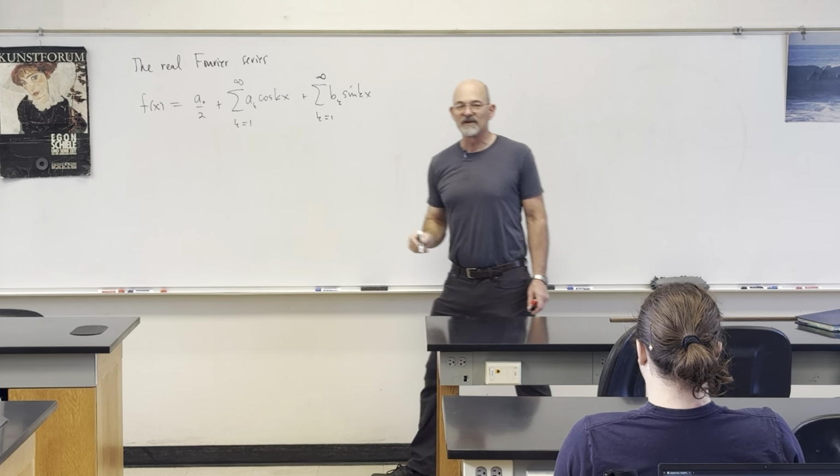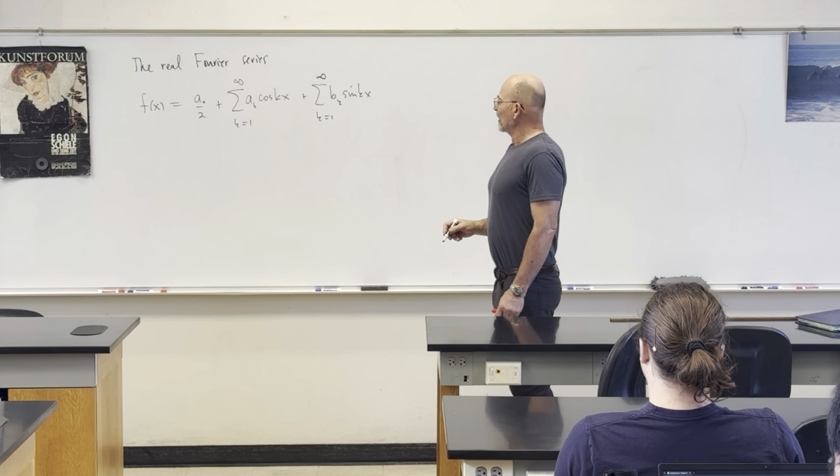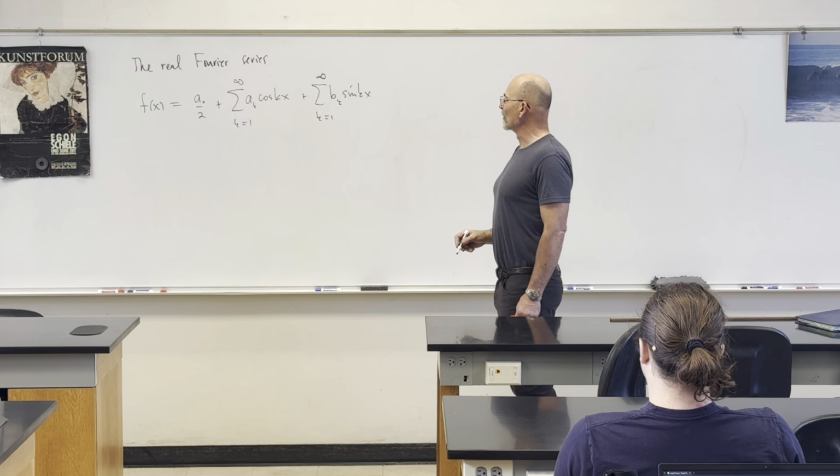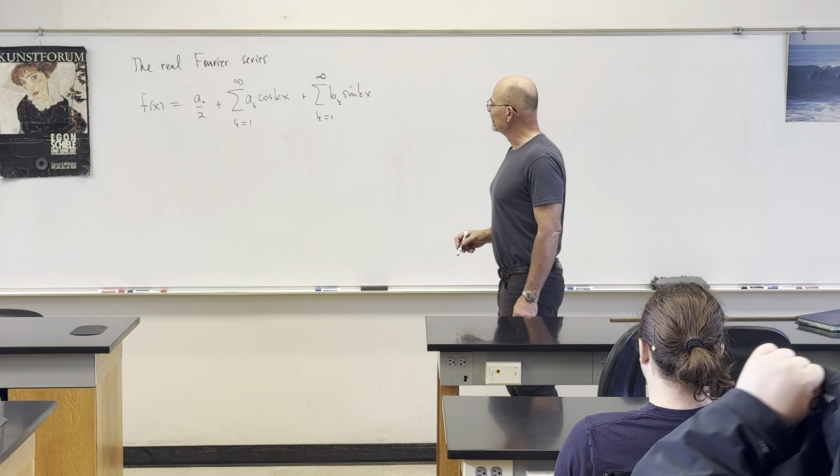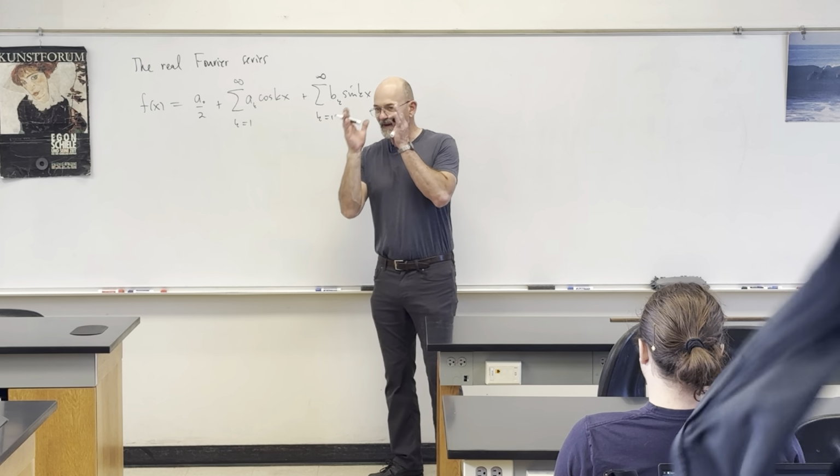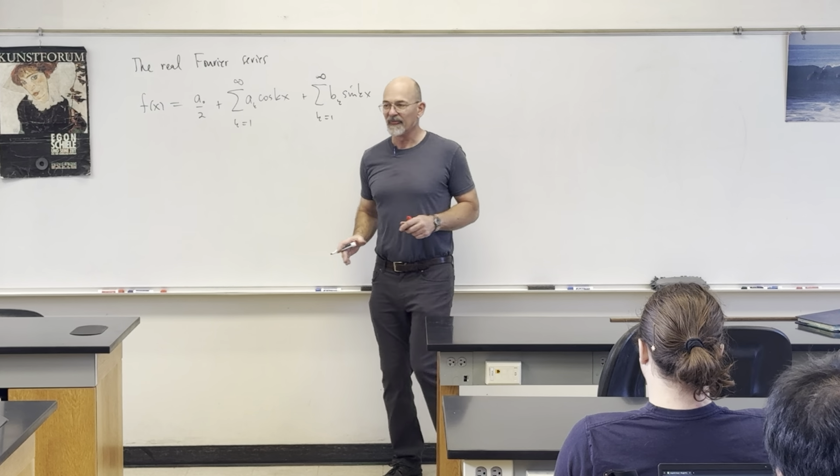So there's a real version of this. One of the advantages it has is you can pick off the special cases where you have an even or an odd function.